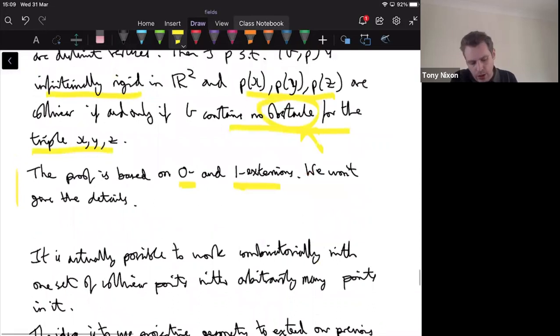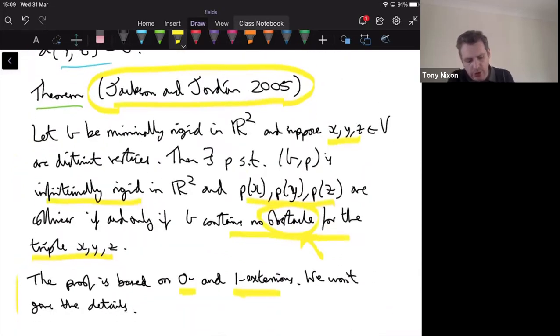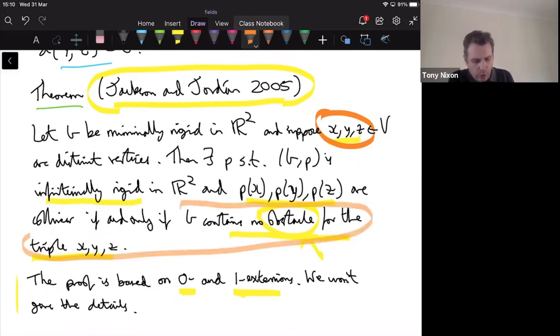Okay. The next thing I want to do is extend this result from a collinear triple to an arbitrary subset of the vertex set that's collinear, so I can have an arbitrarily sized subset of the vertices that are collinear, and the cost will be that this condition on when it's minimally rigid will become much more complicated.